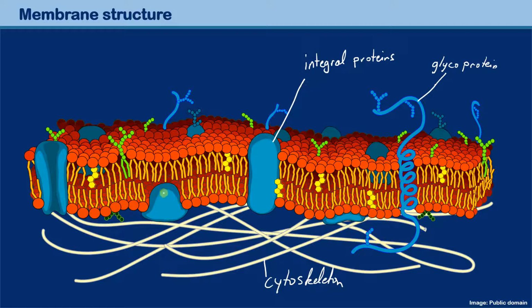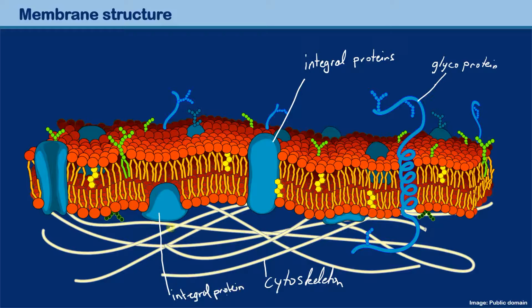This protein over here is also embedded in the phospholipid membrane, not all the way through. It only goes through the so-called monolayer, the single layer. But this one is also an integral protein. So I might also label this one over here like this. Integral protein.